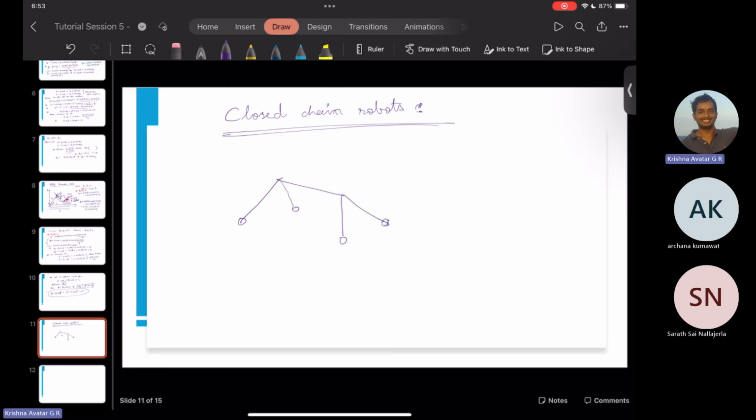And then you can roll it such that you're looking at the direction here. Once you bring this closer to these hinges here, you'll find that this angle is changing.